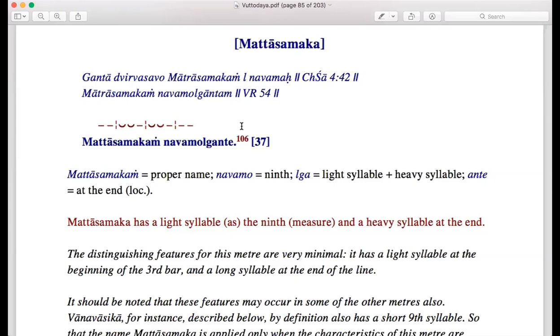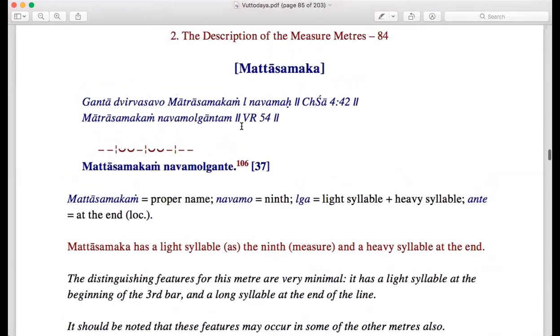But that's something we should know beforehand. There can only be 16 measures in every line in this group. Within those 16 measures, the 9th measure should be a light syllable, and the ending letter should be a heavy syllable. That's all. Those are the rules. So let's go and check it word by word.